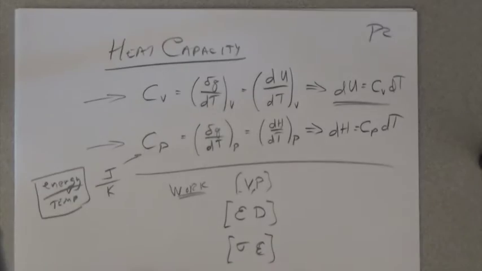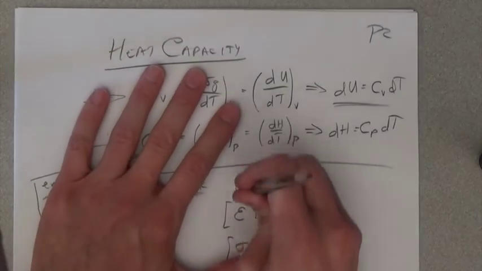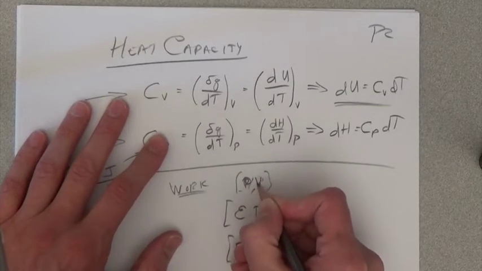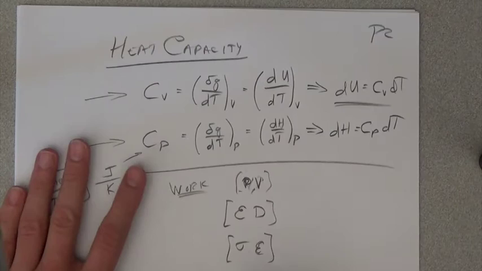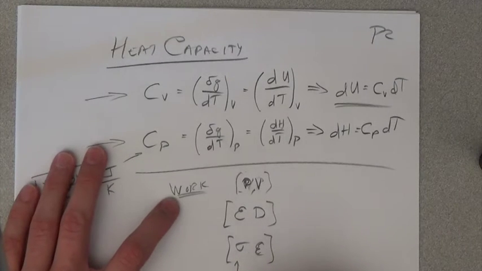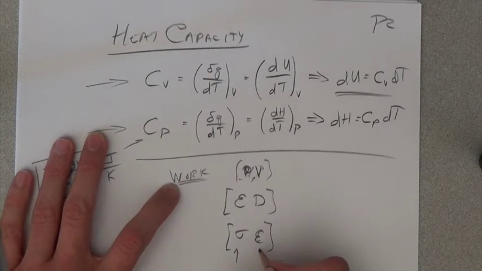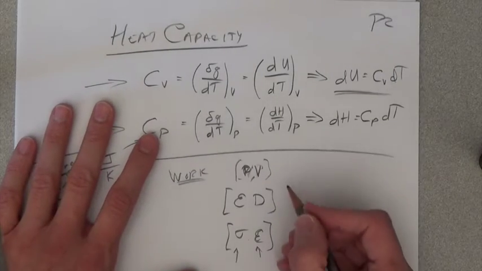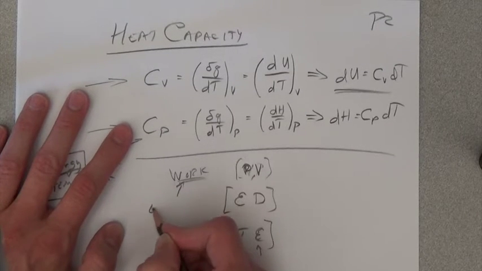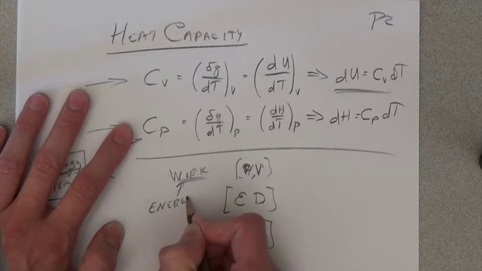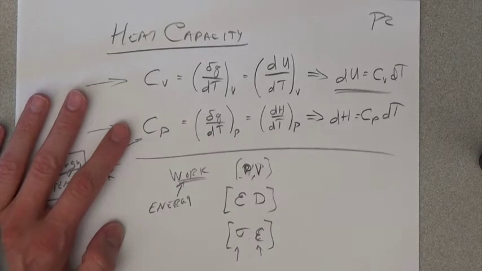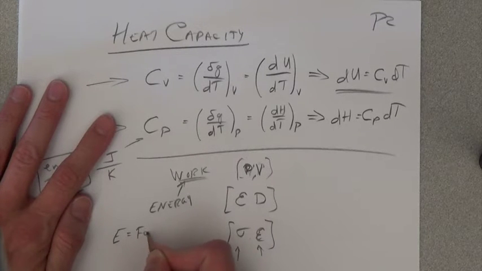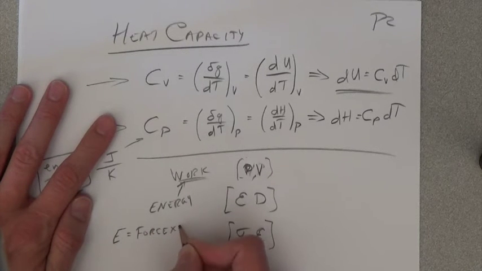In pressure volume, we have one term in our work which is really a force, and one which is a motion. This comes about because we have work, which is energy, and we know that energy is equal to force times displacement.